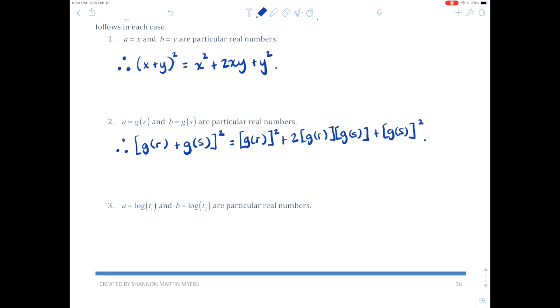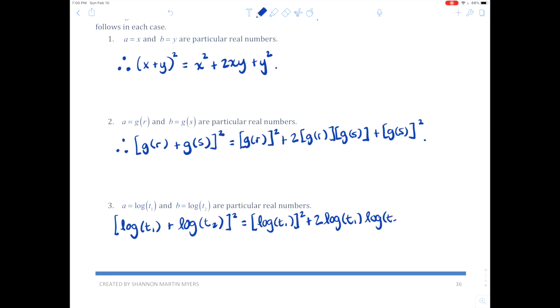We would have log at t1 plus log at t2, the quantity squared, equals log at t1 squared plus 2 times log at t1 times log at t2.